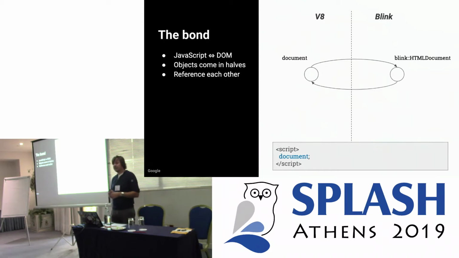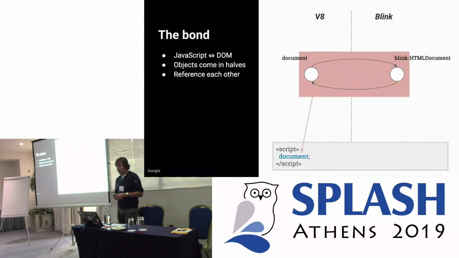They need to reference each other simply because they need to delegate when we request certain features. So you write JavaScript, but you may request a DOM operation. You need to find the corresponding DOM element, so you have this reference. And vice versa, callbacks get executed that do certain things. And so we create these pairs of objects. Whenever you reference something in JavaScript that looks like that, you actually create this pair.